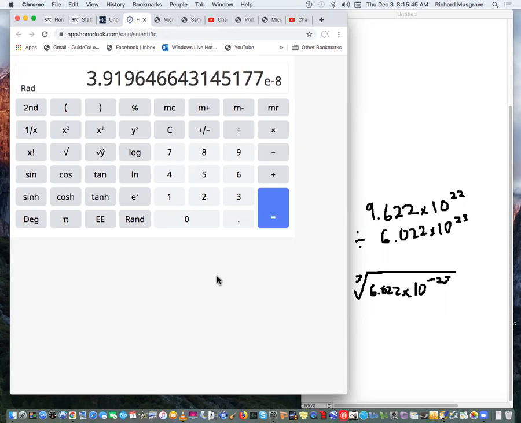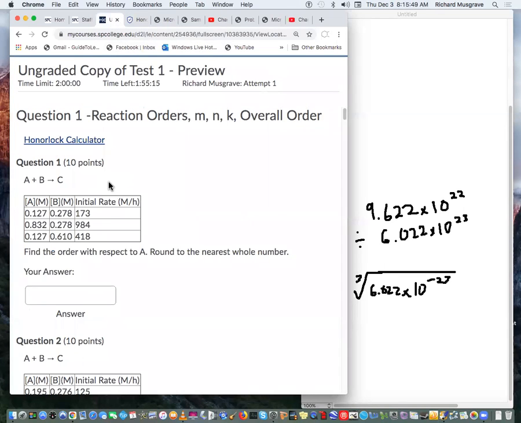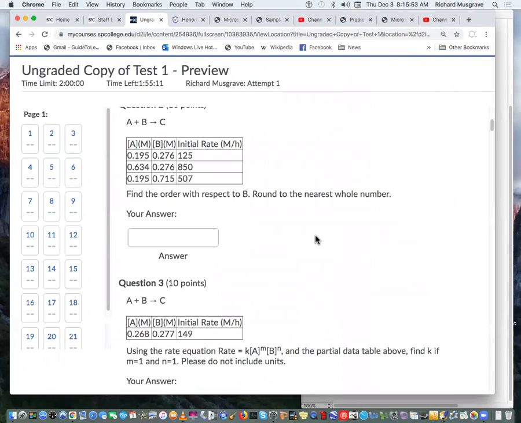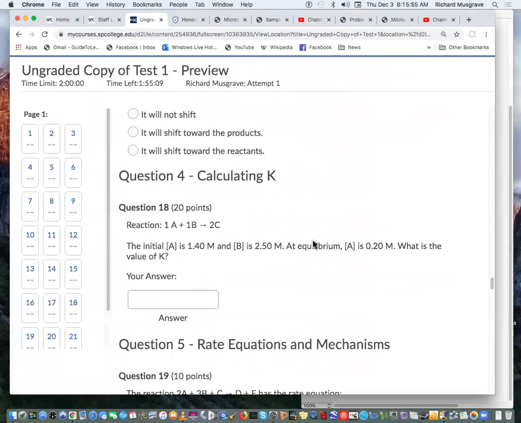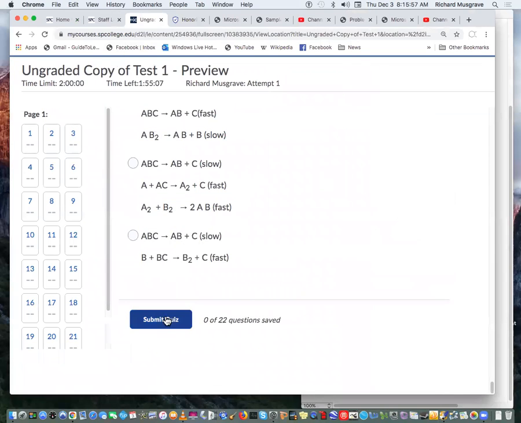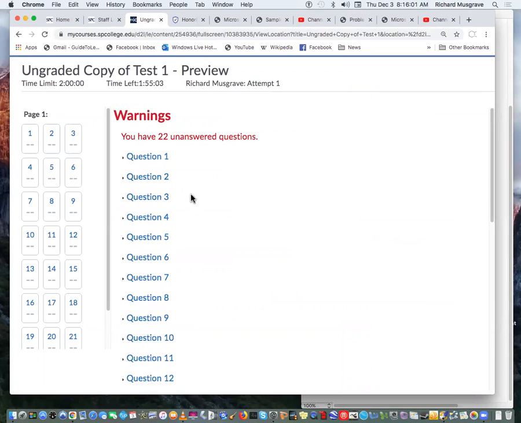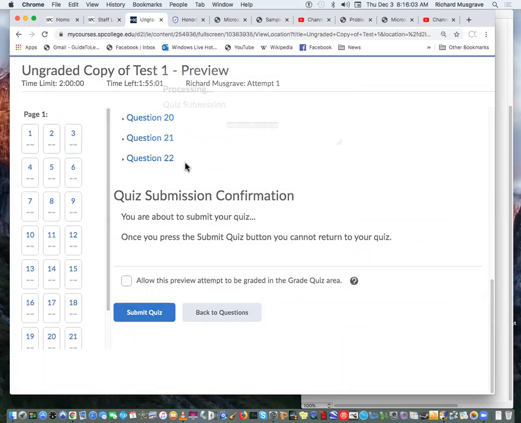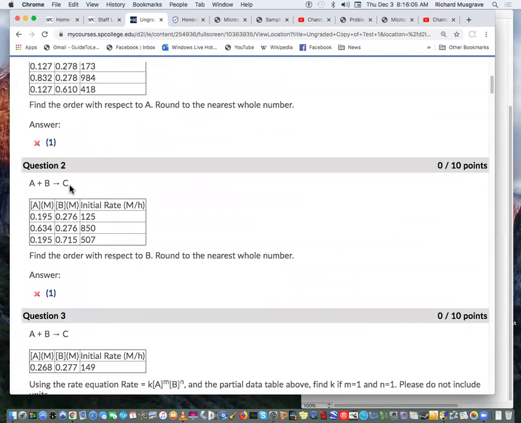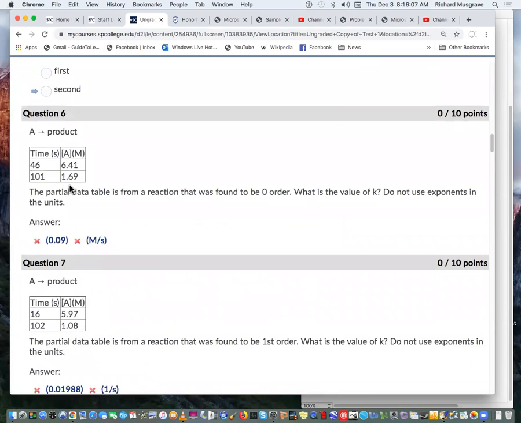Are you talking about AMU? Yes, the one where we convert AMU. Okay. Just take the numbers. Don't even look at the E equals negative 27. Just write that down somewhere. Get your final answer.